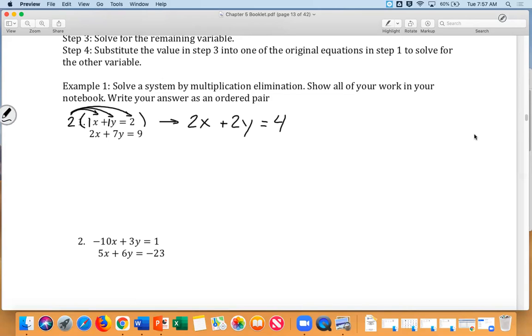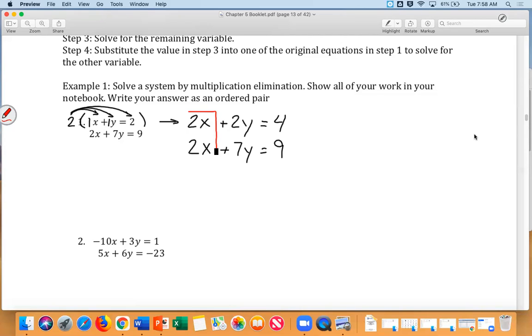Now, I'm just going to rewrite this bottom equation. Did you see how the x's are the same now? You picked x, so we multiplied the top equation by 2 to make them the same.